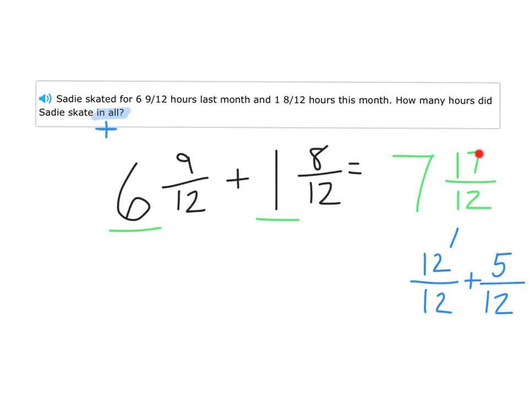These two together make up that 17/12. So now I know that 12/12 here is really one whole more. I had 7, so now I've got 8 whole, and this is kind of my remainder, if you will, my fraction to go along with that whole, and that's 5/12. So 8 whole and 5/12.